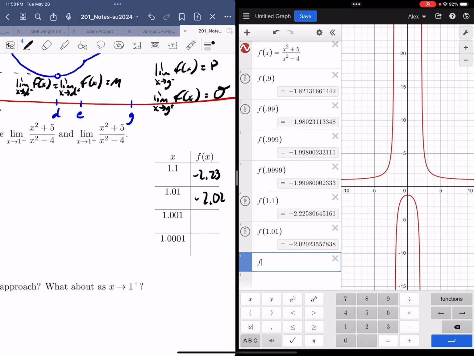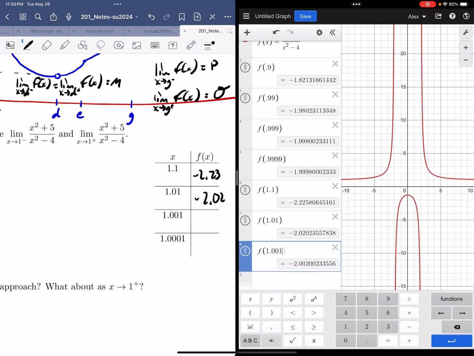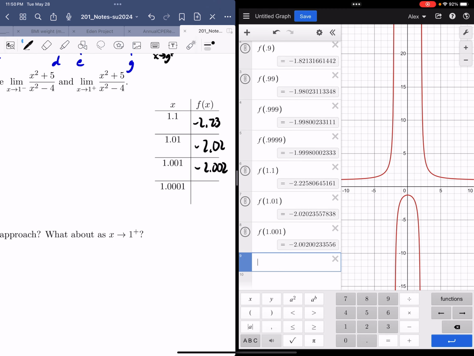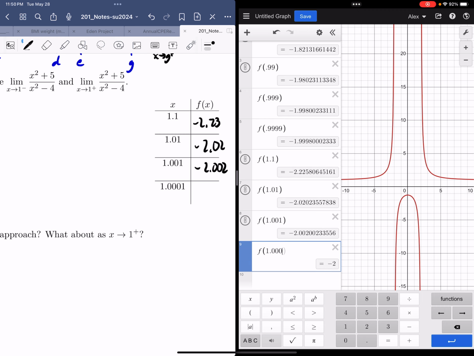If we just sort of keep doing this, well, I think you can see where we're going with this. And then last but not least, well, sure enough. Okay, so we have that.